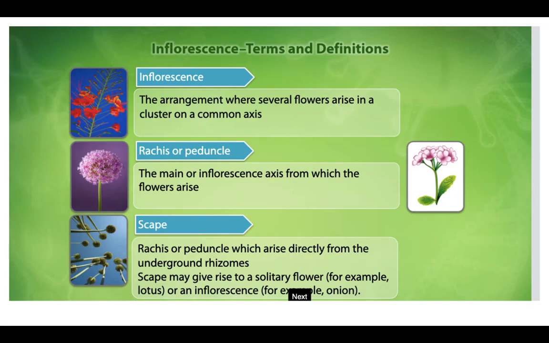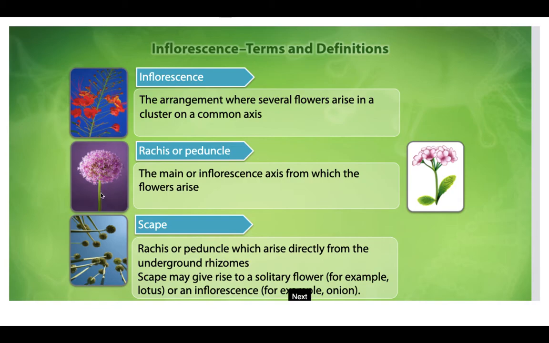Let's start with the first slide. In this presentation, you can see the inflorescence. Inflorescence is the arrangement of flowers on the flower twig, or we can say on the common floral axis. Here you can see that the rachis or peduncle is the main inflorescence axis from which the flower arises.